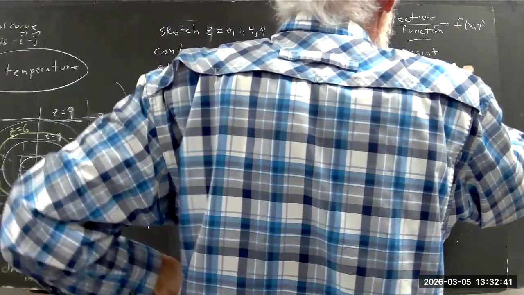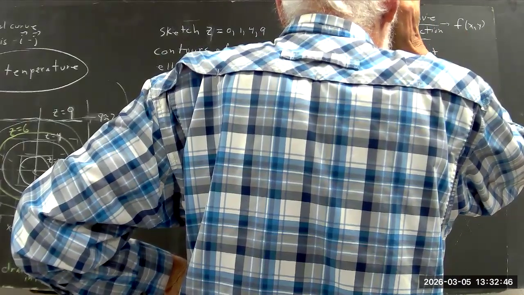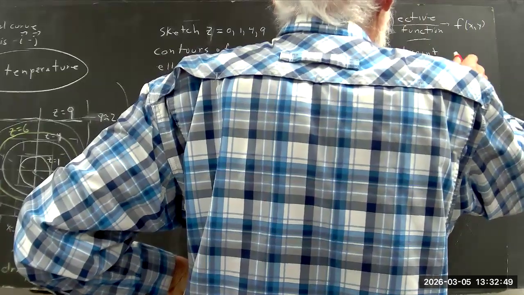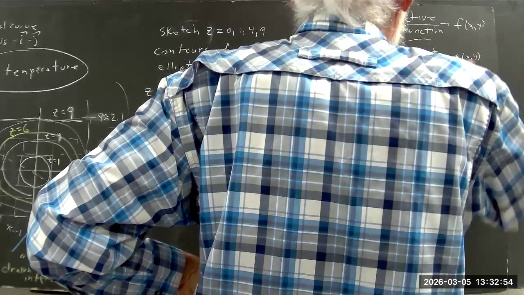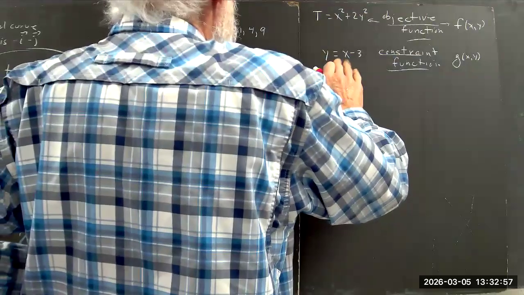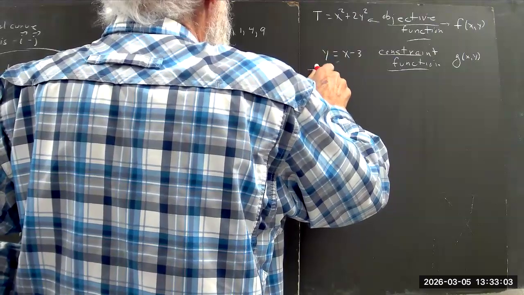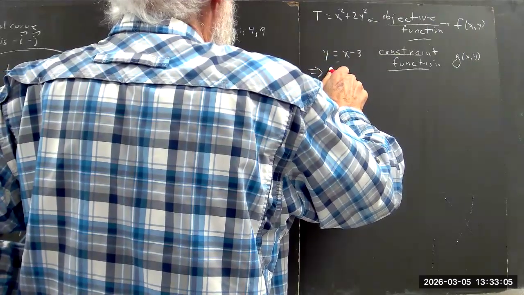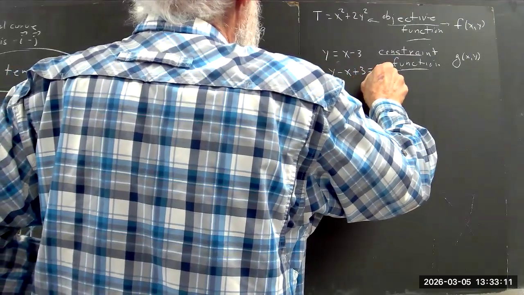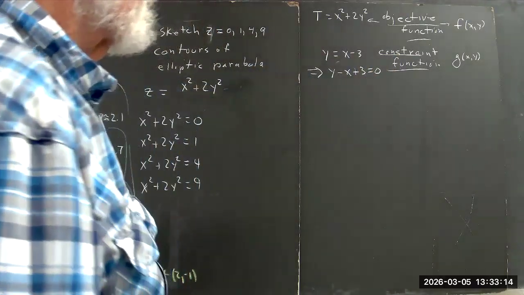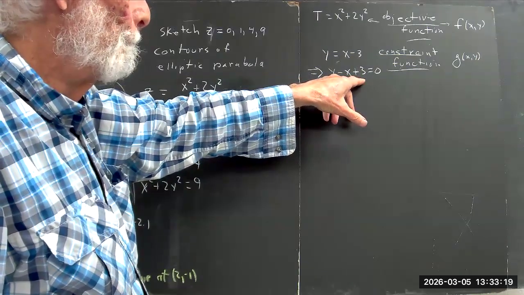We're going to call a constraint function, and I'm going to write the constraint function like this: y minus x plus 3 equals 0.